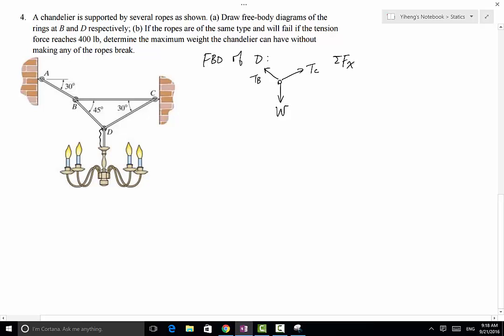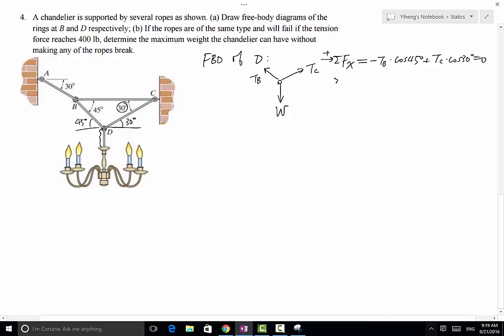The resultant force along the x direction, with this as my positive x direction, equals negative TB times cosine 45 degree plus positive TC times cosine 30 degree, equals 0.